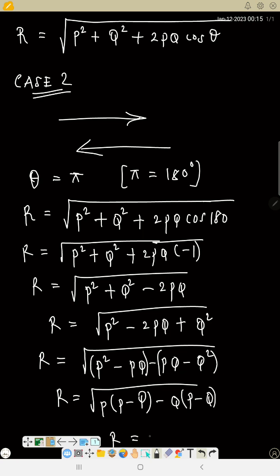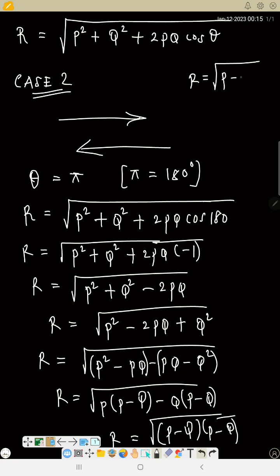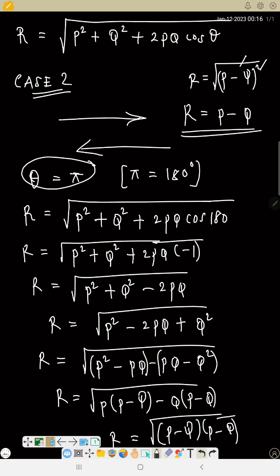So we'll have here r equals p minus q, another p minus q. If we combine the two now, r equals square root of p minus q, everything squared. So this will cancel out the root. So r is equal to p minus q. Now it means in this case, if two forces are parallel and act in opposite direction, then the angle between them is pi and their resultant is p minus q.